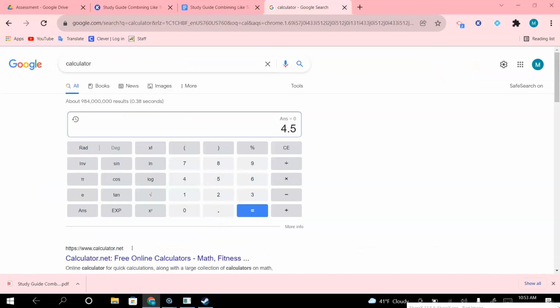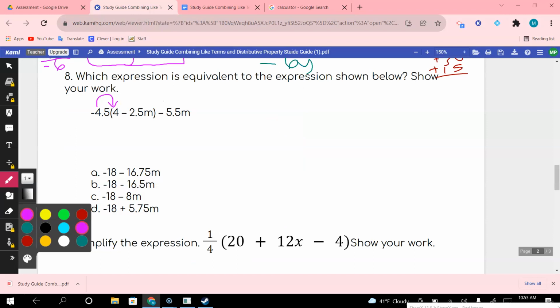So we had 4.5 times 4, which would give me 18. And it would be negative because there was one negative that we were multiplying. So negative 18.